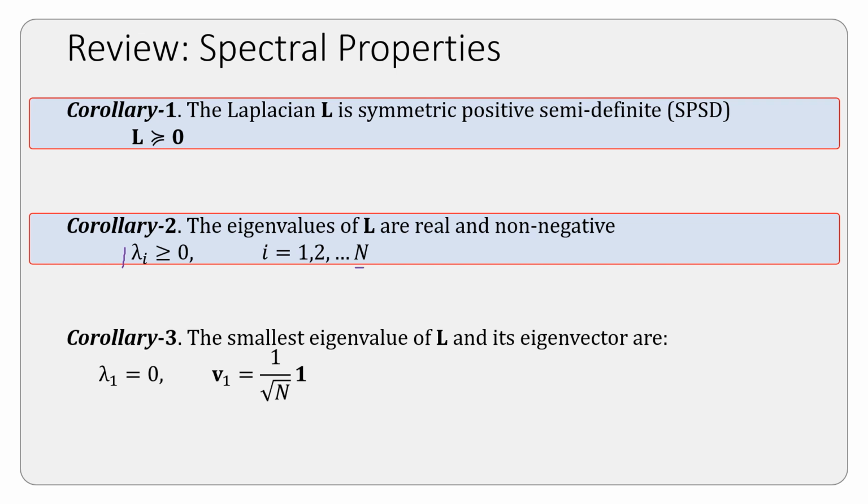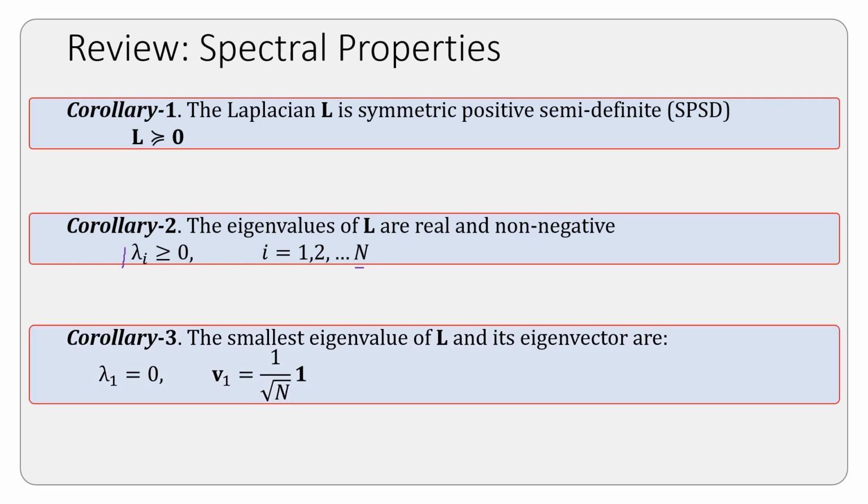N is the total number of vertices. The smallest eigenvalue of L is lambda 1 equals 0, so it has a 0 eigenvalue. The Laplacian is singular, and the corresponding eigenvector is 1 over square root of n times this vector of all ones.